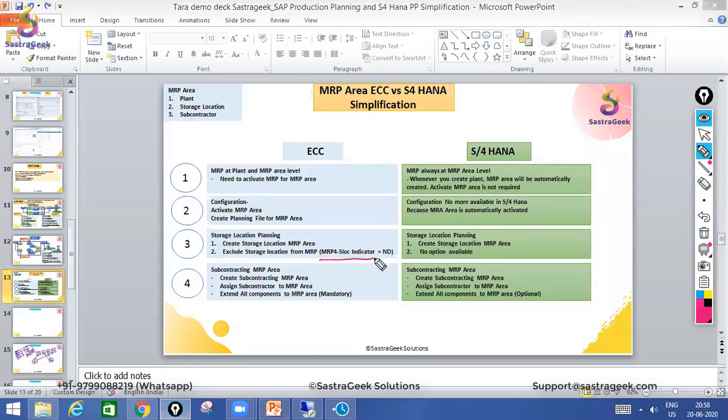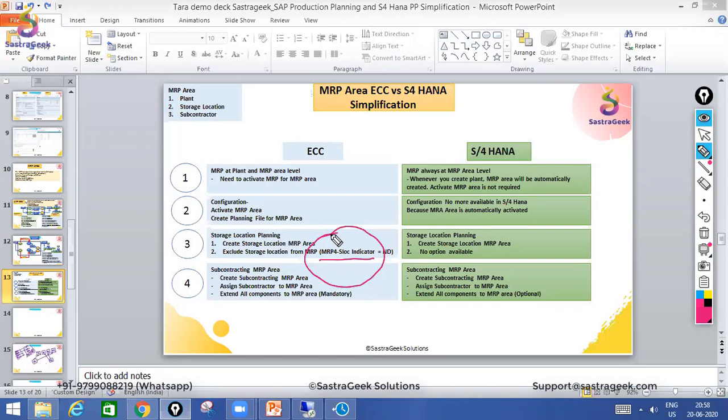So what I'm saying, in ECC earlier, if you want to exclude any material storage location, in the storage location MRP4 there is a storage location indicator. I just think it's ND. There were indicators like 1, 2, 3: exclude this location from MRP.